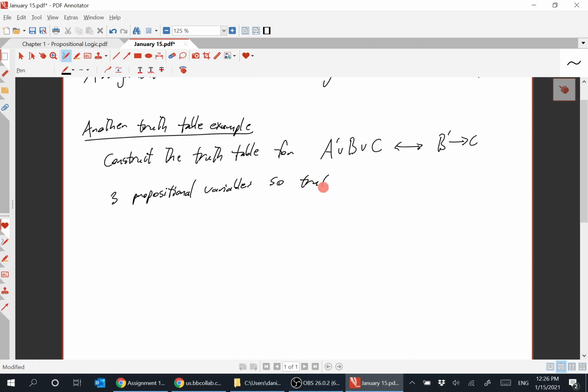So the truth table has 2 to the third, equal to 8 rows.